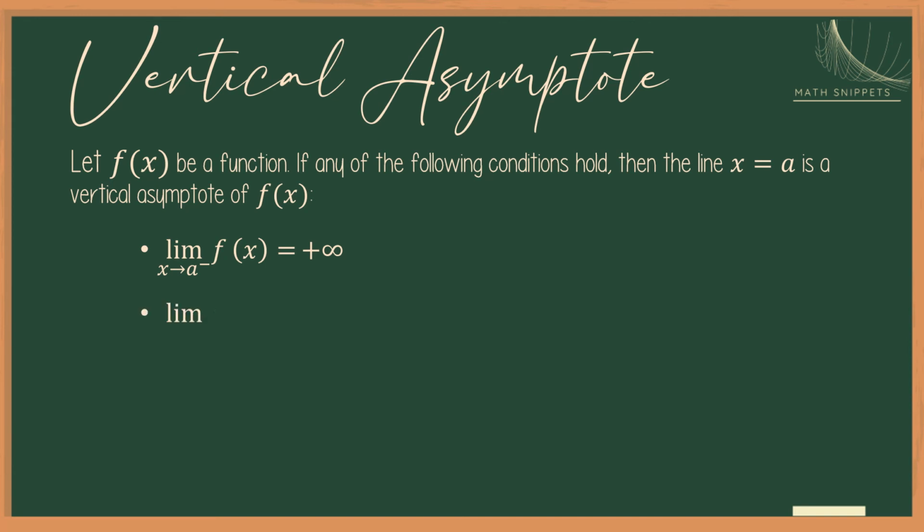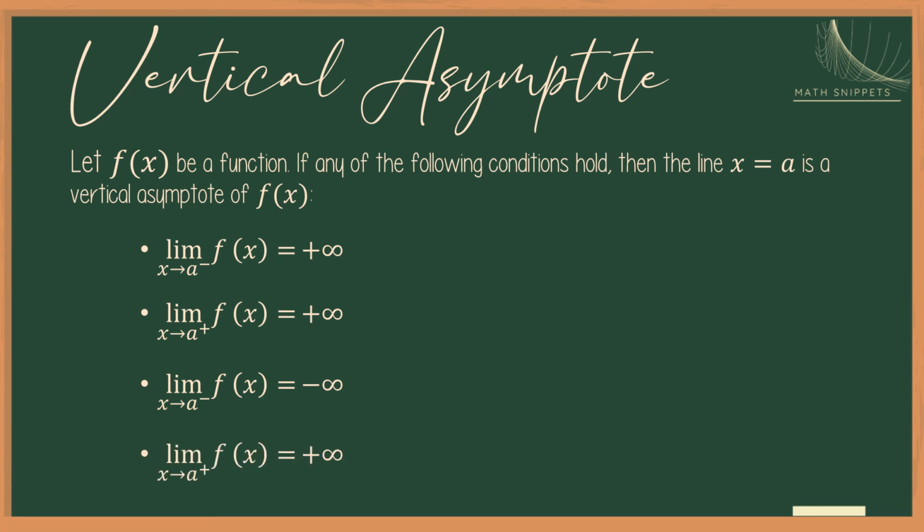We also have a vertical asymptote when the function values increase without bounds when x approaches a from the right, or if x approaches a from the left and the limit is negative infinity, or if x approaches a from the right and the limit is negative infinity.